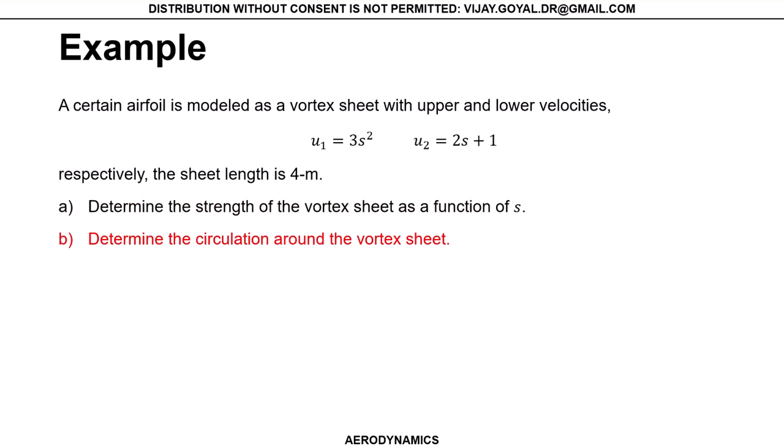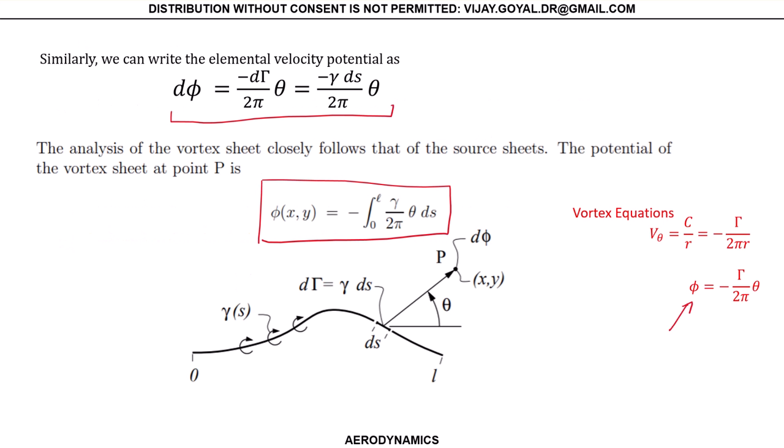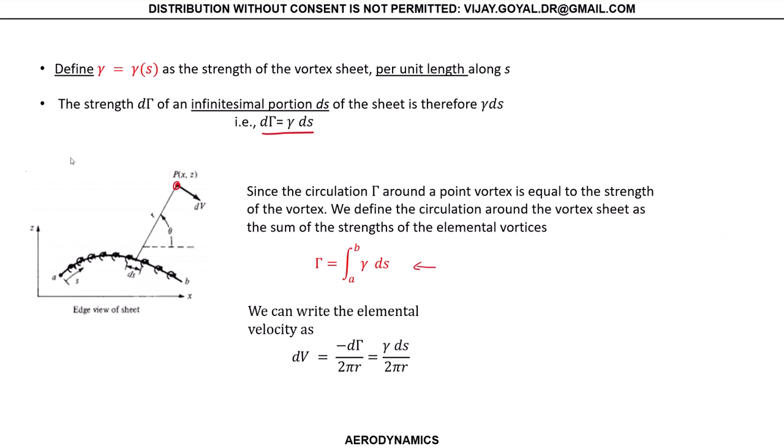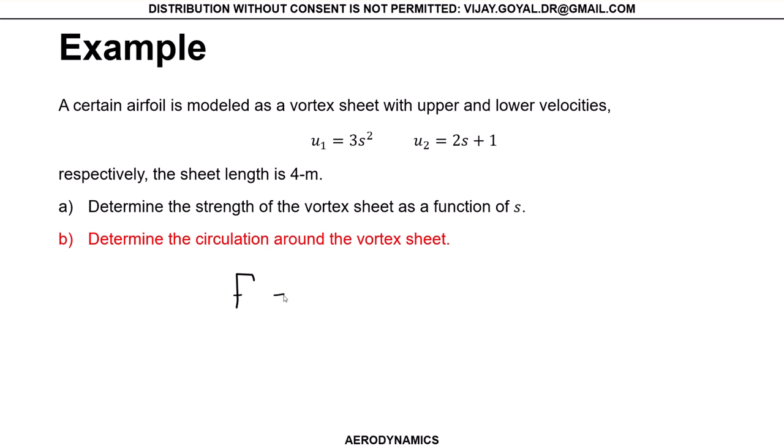The second question asks, what is the circulation of the vortex? If you remember, it is given by this expression right here. So we write that it is equal to the integral from 0 to 4 of gamma of s ds.